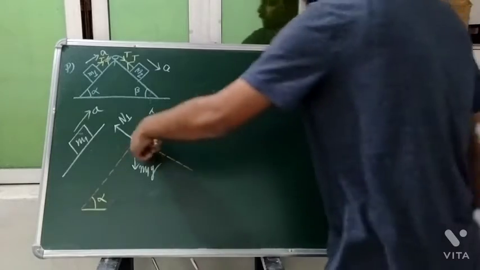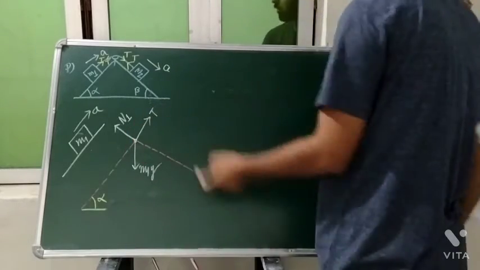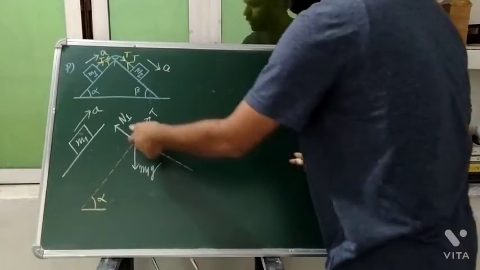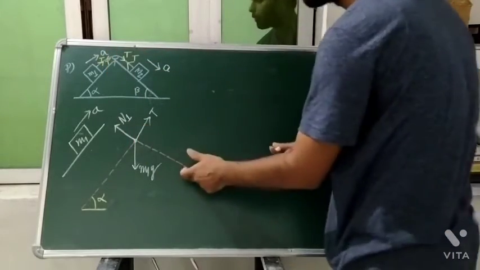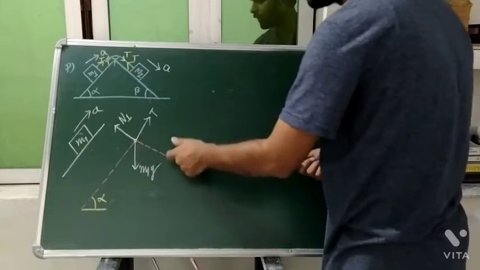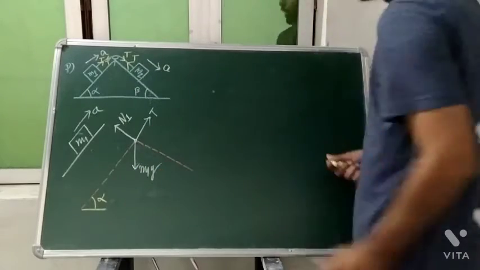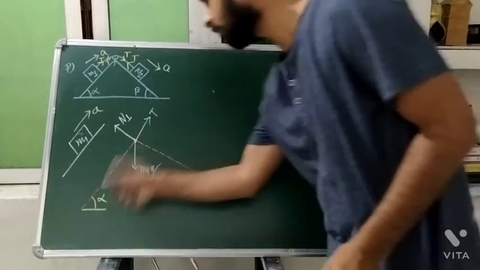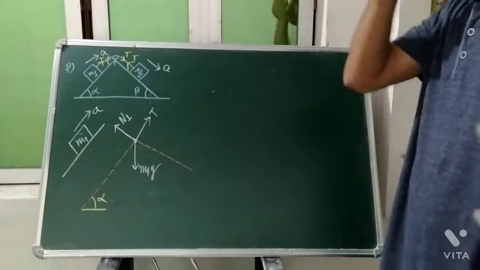No one will make this our beta. We are talking about this surface, not that surface. Many of you will make the mistake of treating the perpendicular to this contact surface as the beta angle. It is not going to represent beta, so don't make the blunder here. It is this surface which is making alpha angle.